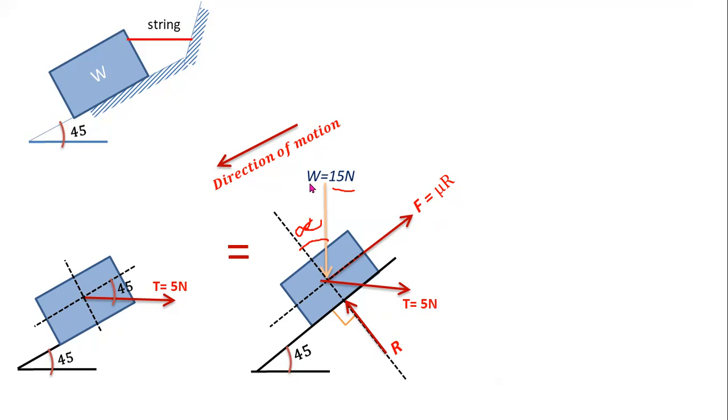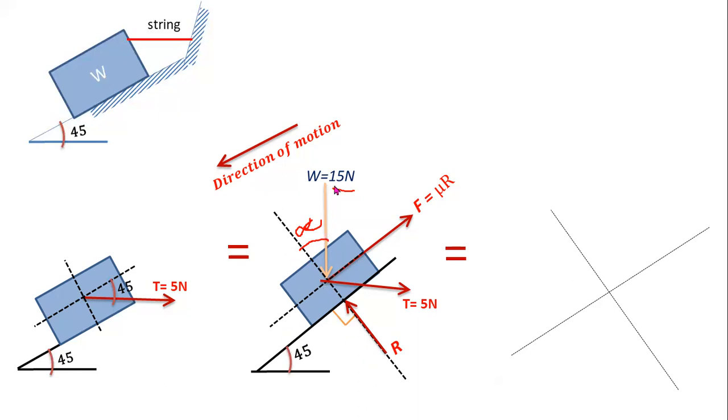Now you have to convert W and tension T into parallel and normal components. These are the two reference axes: this one is parallel to the inclined plane and this one is normal to the inclined plane. Now you have to convert W, 15 newtons, into a normal component and a parallel component.